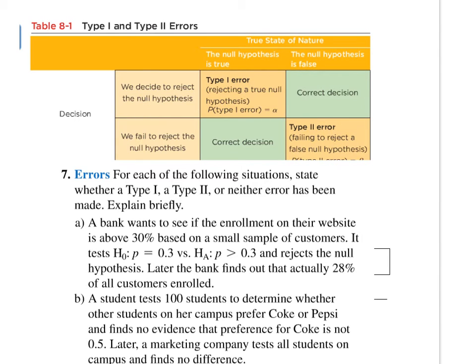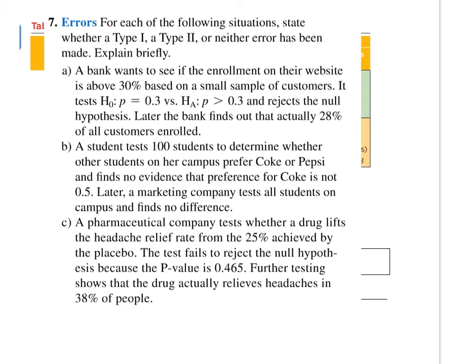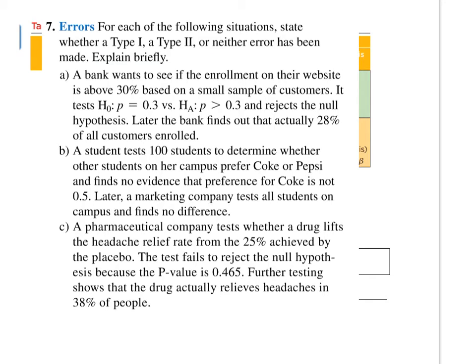So then let's see. A student tests 100 students to determine whether they prefer Coke or Pepsi, and finds no evidence that the preference for Coke is not 0.5. Later it tests all students and finds no difference. That's worded like a lot of double negatives.